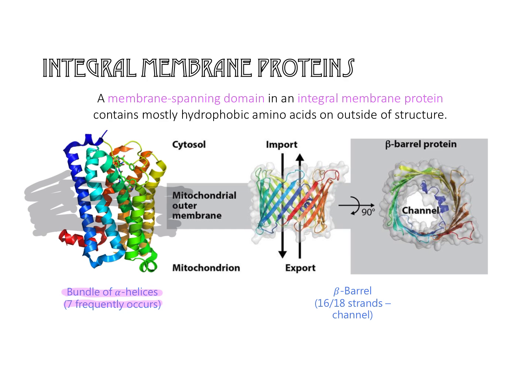The part that spans the membrane is called the transmembrane domain. Okay, so the seven helices, this would be like helix 1, 2, 3, 4, 5, 6, 7.